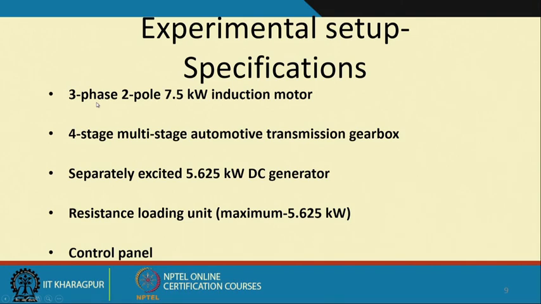This is a 3-phase 2-pole 7.5 kilowatt induction motor, which is driving a 4-stage automobile gearbox, which is connected to a generator. Because the armature is rotating, it will generate a voltage, and this could be loaded by a resistance loading.